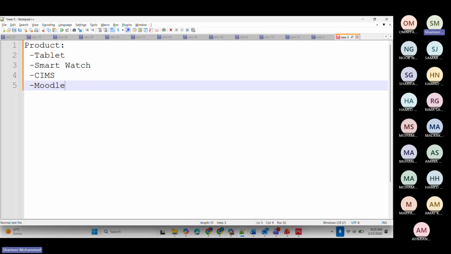Okay, these are all called end products. End products are unique products.